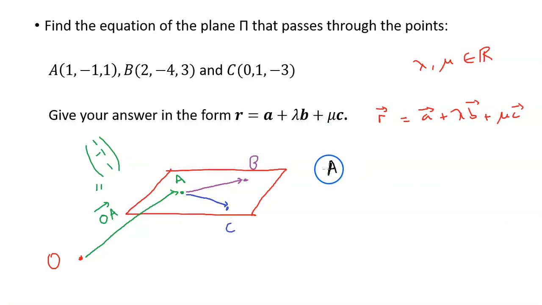The vector AB is the vector OB minus OA. So 2 minus 1 is 1, -4 minus -1 is -3, and 3 minus 1 is 2. Then we just need the vector AC.